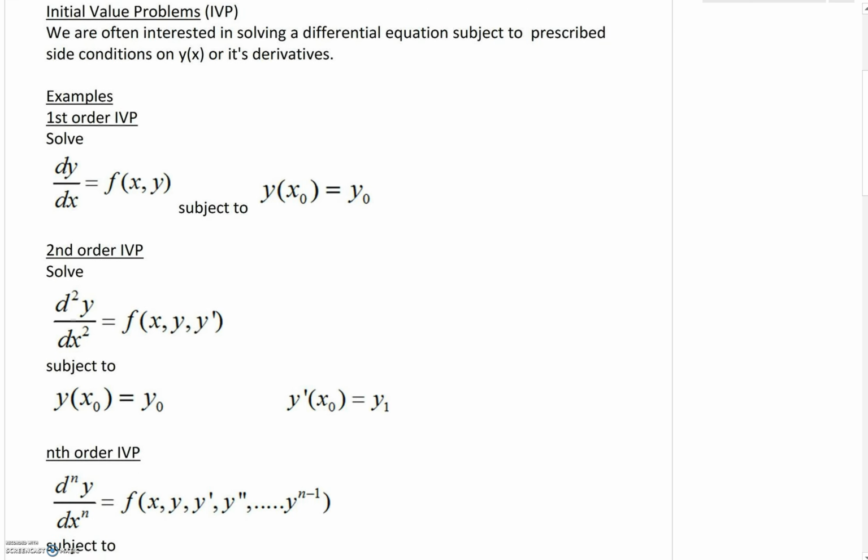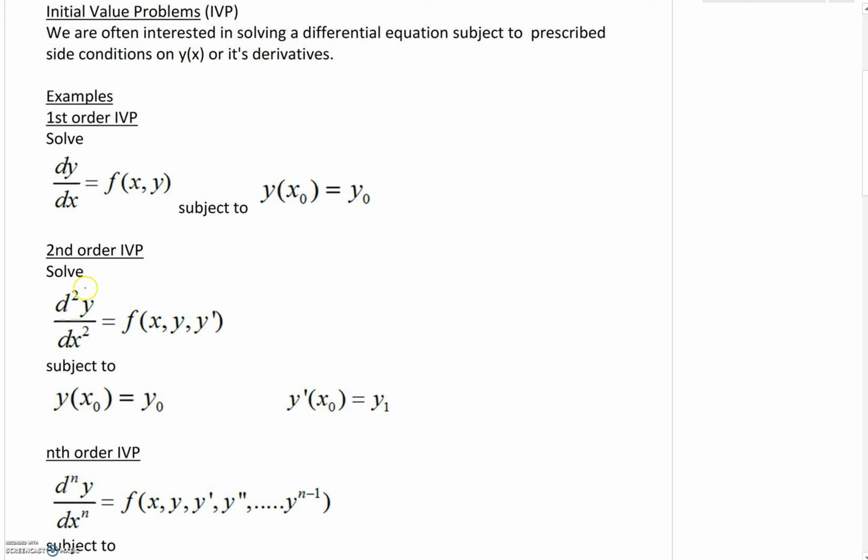Let's say we had a second order initial value problem. You're given a second derivative equal to an f of x, y, and y prime. Well, you'd be given two initial conditions. You'd be given a beginning x and its corresponding y value. Likewise, a beginning x and its first derivative y value.